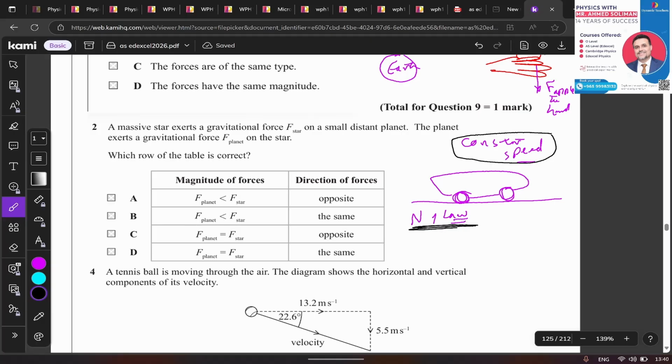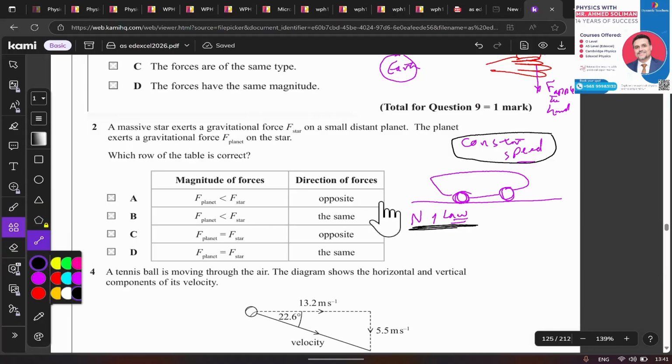Do you know what I'm talking about? Newton's first law. So what is Newton's first law? Objects in motion stay in motion unless an external force acts. What are all the forces affecting the car?